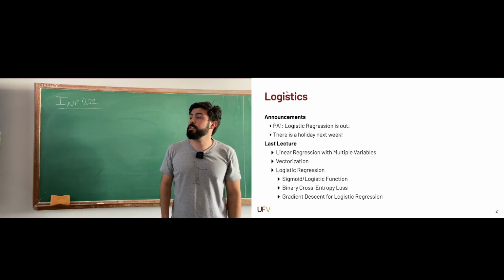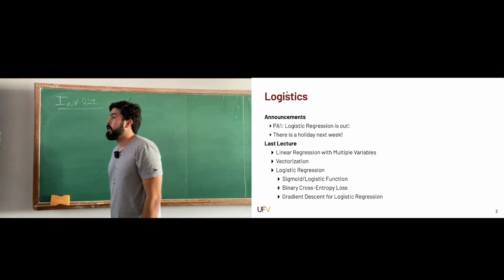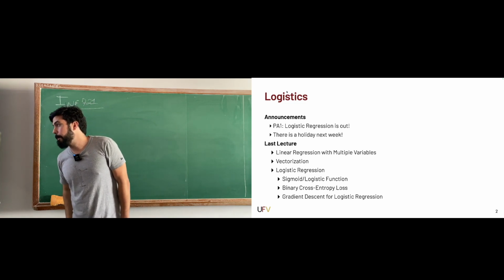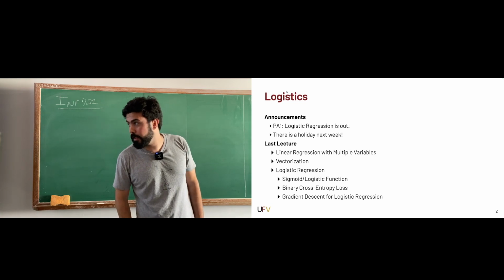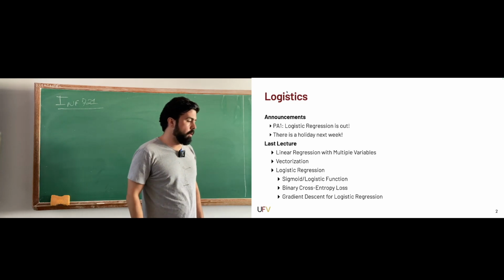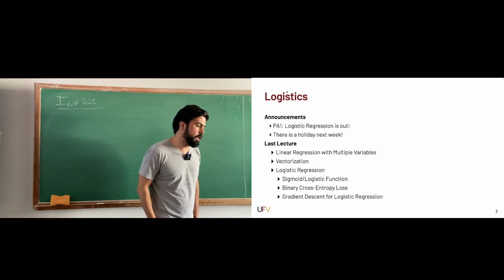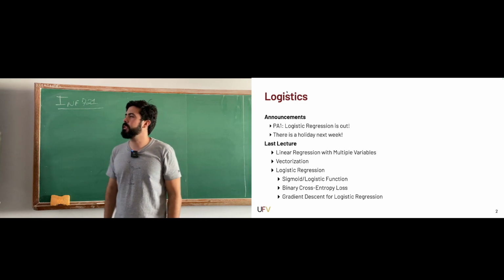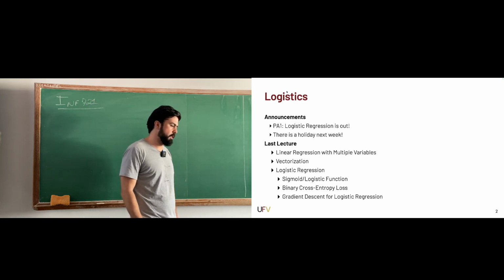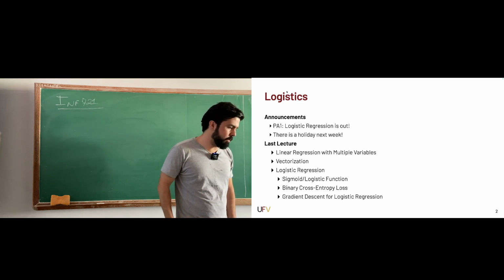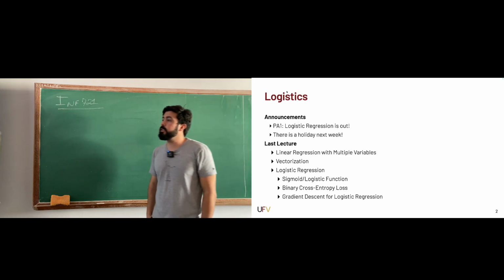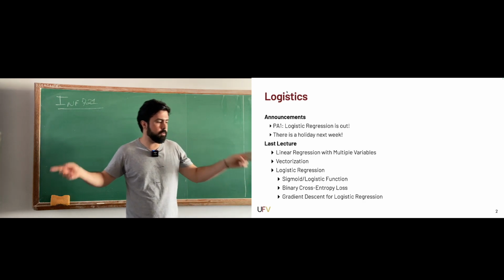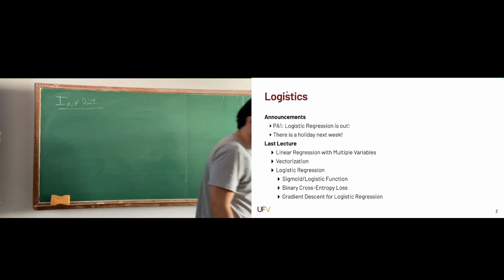And we then finished talking about logistic regression, and that included the sigmoid or logistic function, the binary cross-entropy loss, and at the very end we talked about how to adjust gradient descent or how to train logistic regression with gradient descent, which happens to be very similar to the linear regression algorithm because it turns out the gradients for logistic regression are the same as in linear regression, even though these are different models with two different loss functions.